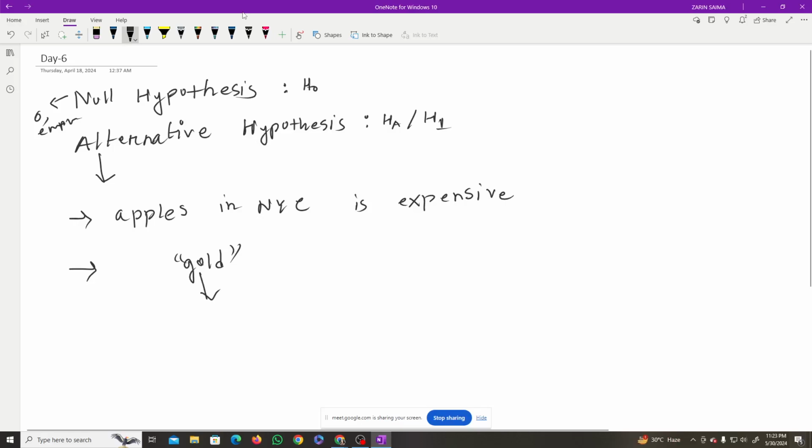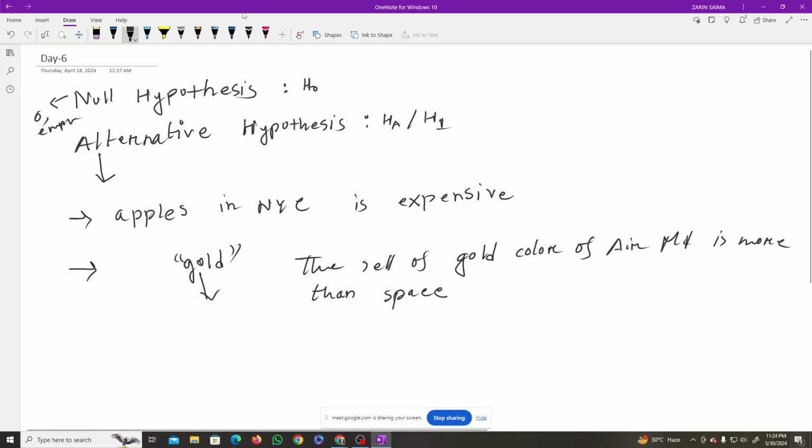We have to compare it with something. So if we say that the sale of gold color is more than the space gray, then it is a hypothesis. So if we say the sale of gold color of Air M1 is more than space gray, then it is a hypothesis.